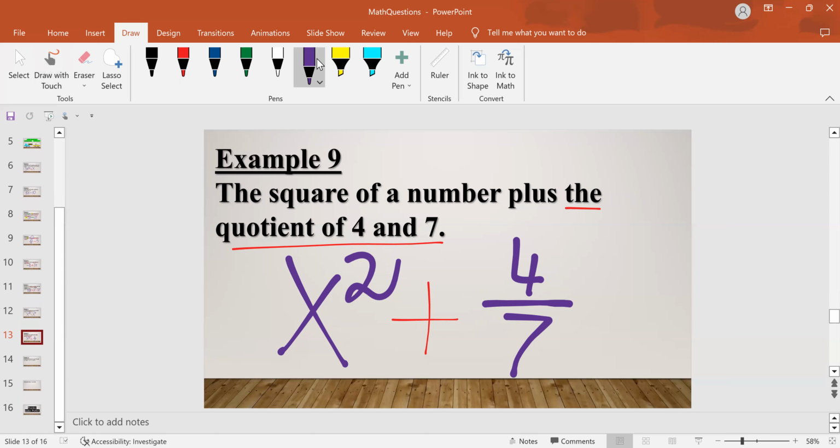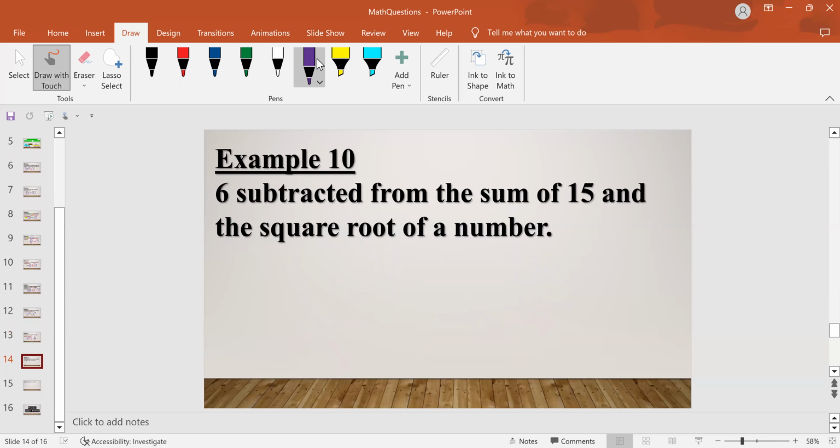We continue. Yeah, problem 10, the last problem. 6 subtracted from the sum of 15 and the square root of a number. Another grouping here. The sum of 15 and the square root of a number.